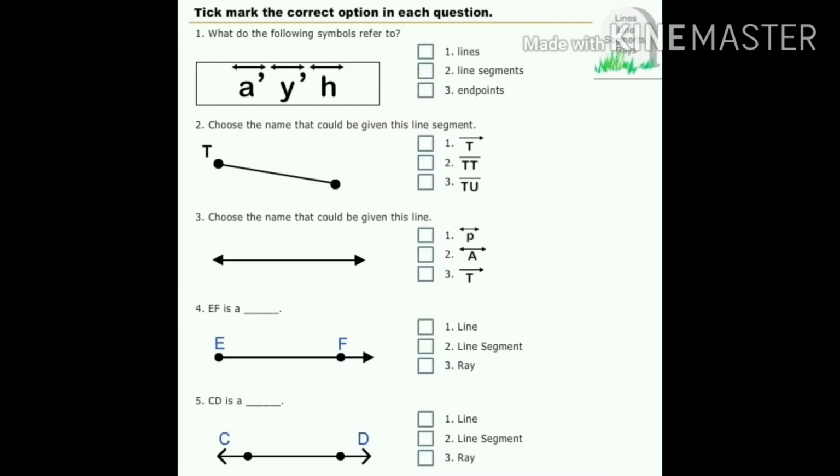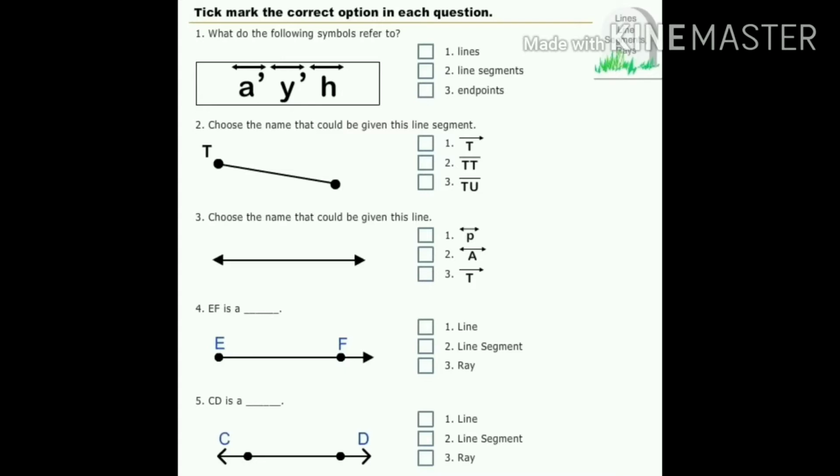In question number 3, a line is there with arrows on both sides, but the name of the line is not mentioned there. So it could be line P or it could be line A. So both answers 1 and 2 are right here. In question number 4, a line is there with one endpoint and one side arrow.